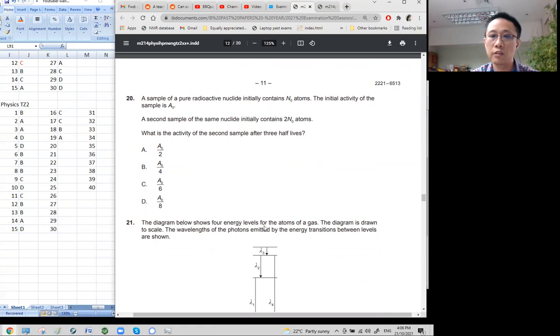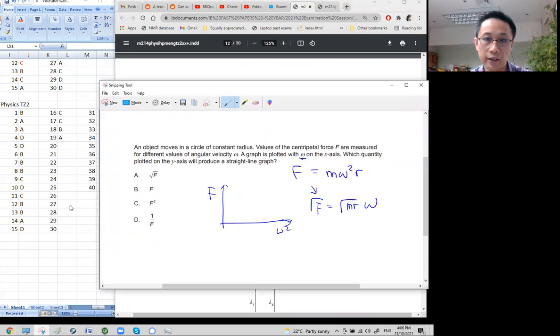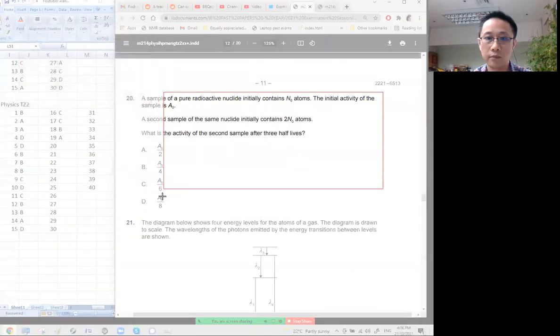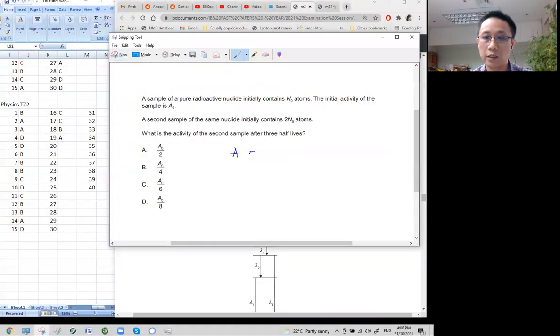So the activity will become 2A0 because the relationship between A and N is A equals lambda N, with A and N being the initial values. So A0 for the new sample is equal to 2 lambda N0, which is 2A0.